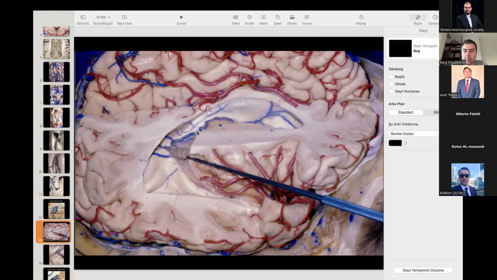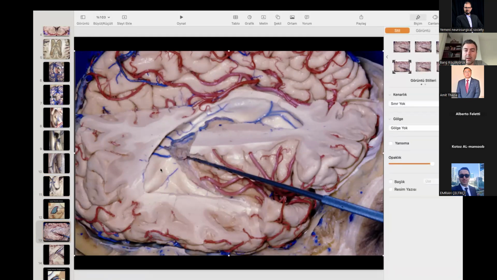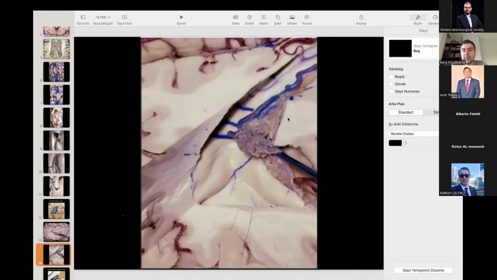Just like the choroid plexus turns, the ventricle turns around the thalamus as the body, the atrium, and then the temporal horn. Let's see the medial wall of the atrium a little bit closer.